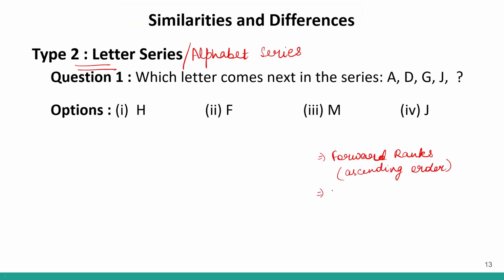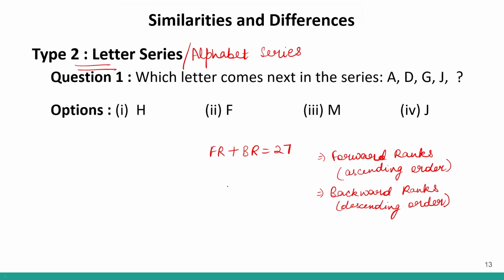The next concept was of backward rank, in which we assign numbers to the alphabets in a descending order. There were 2 concepts for forward rank and backward rank. First was that forward rank plus backward rank is always equal to 27, right?